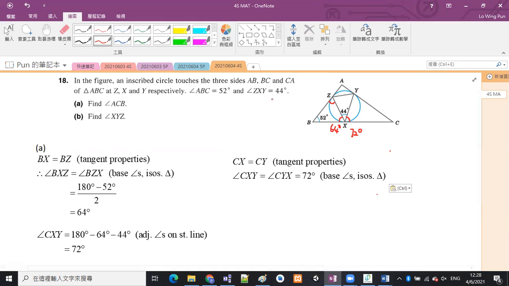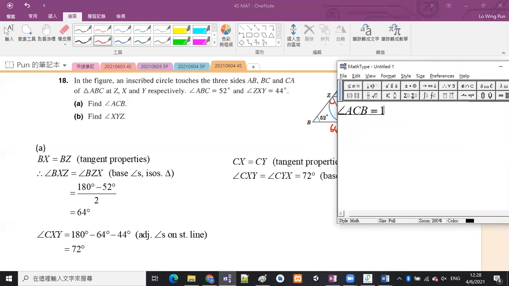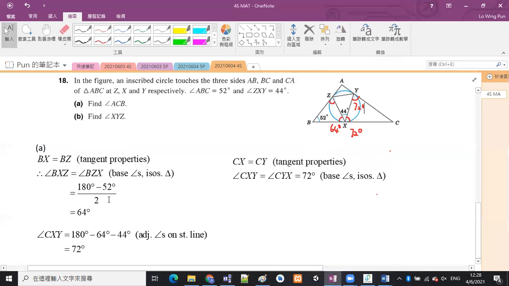So this angle is also 72 degrees. Finally, we can find angle ACB by angle sum of triangle. So it should be equal to 36 degrees. See this?